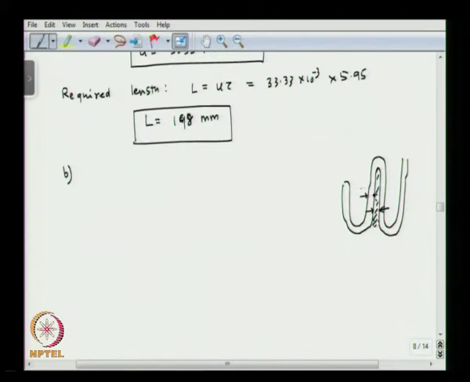So, if this channel width is same as the gap between the channels, okay, so we make an assumption that the channel walls consume same area as the channels.